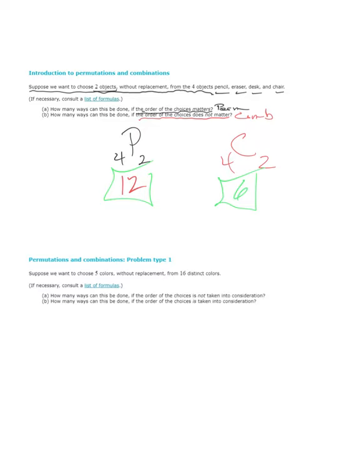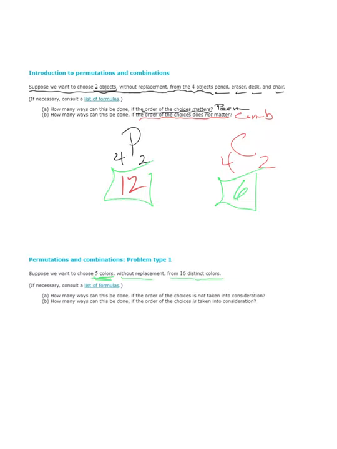Same kind of thing down here. Let's look at this last problem. Suppose we want to choose 5 colors without replacement from 16 distinct colors. So we've got 16 things, we're choosing 5. How many ways can this be done if the order of the choices is not taken into consideration? So the order doesn't matter.